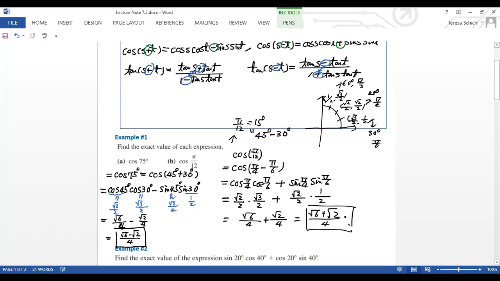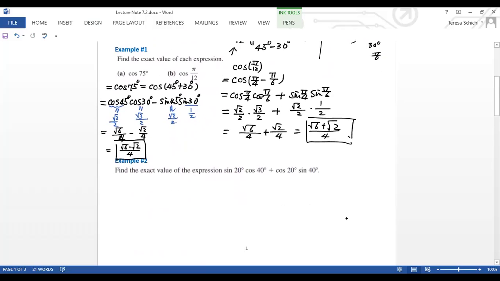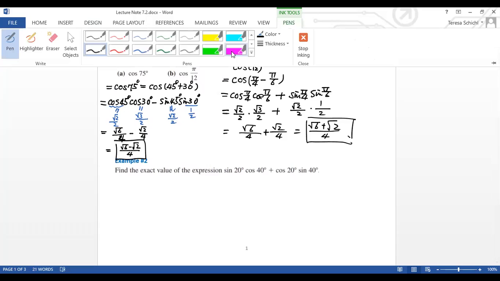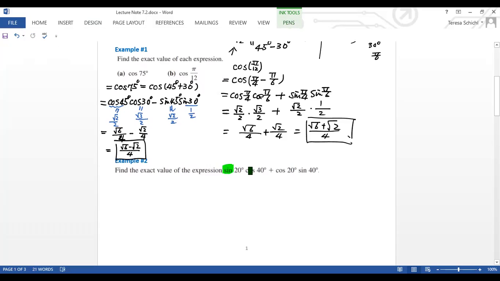Now let's take a look at the second one. They ask us to find the exact value. The 20 and the 40 are not special angles we know, but if you take a look, this is sine cosine plus cosine sine.